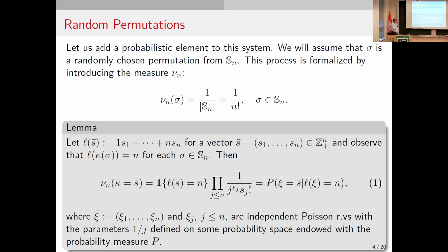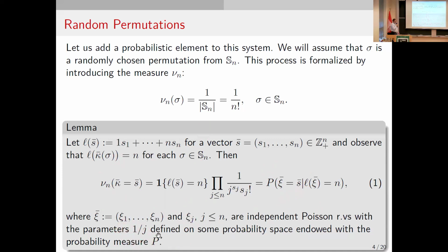Then I would like to mention also a very well-known fact from random permutation theory, that a random structural vector has the same distribution as the conditional distribution of this vector C, which is comprised of independent random variables with parameters 1 over j.